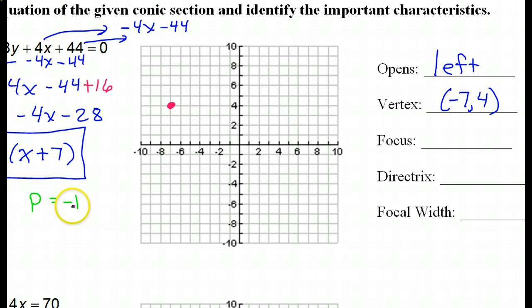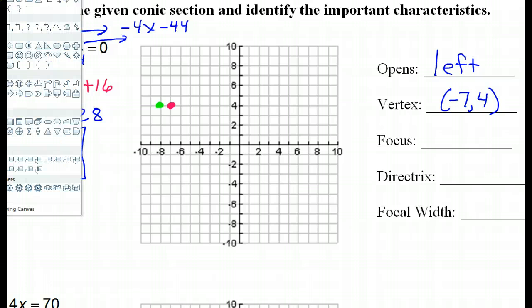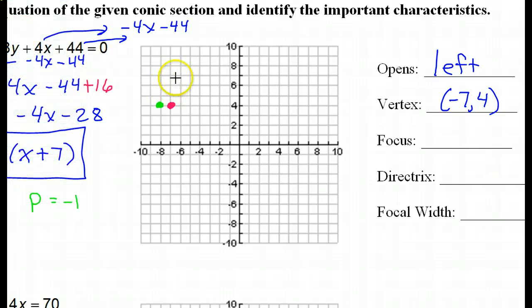So now I know that my focus will be 1 to the left. So my focus goes here. Okay, now my directrix will be an equal amount in the other direction. So if my focus is 1 to the left, then my directrix will be 1 to the right. So here's my directrix.